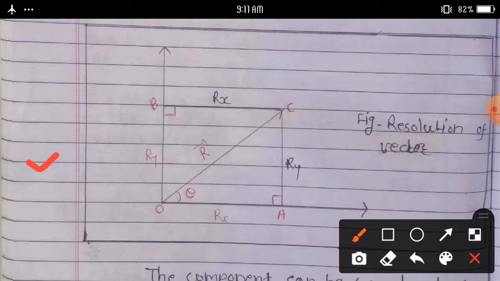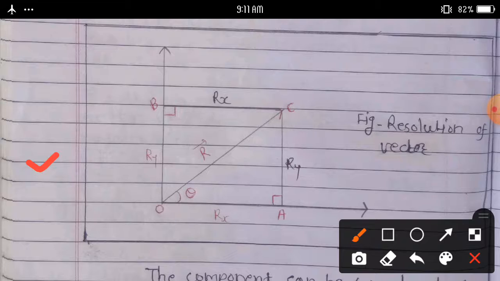Here Rx, Ry are the rectangular components. Let's see how to find rectangular components in two dimensions.